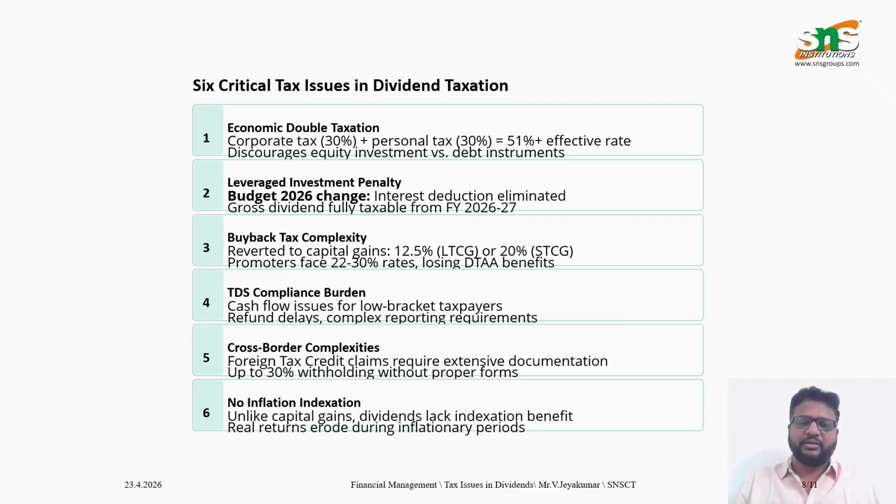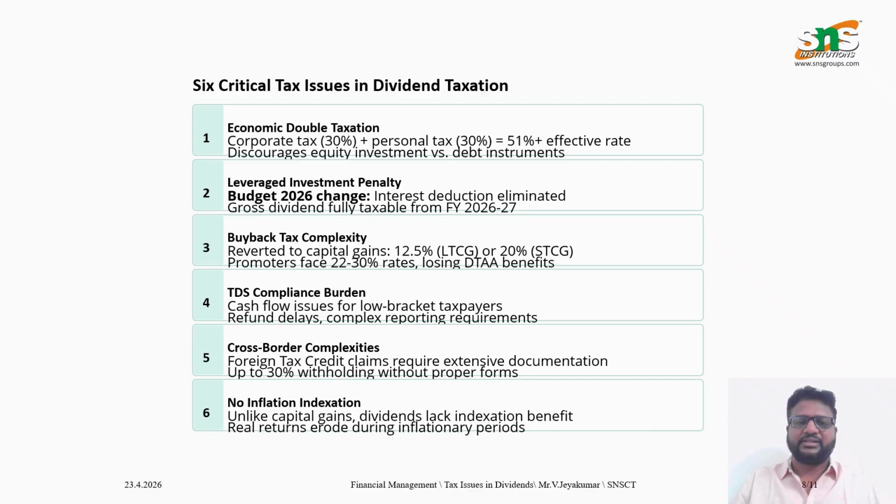And there are certain critical tax issues in dividend taxation. Double taxation may arise when corporate profits are taxed before dividends are distributed to the shareholders. Tax deducted at source can reduce the immediate cash receipts and affect investor liquidity.